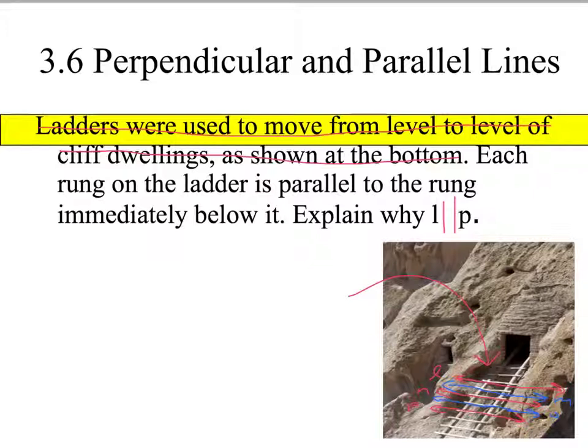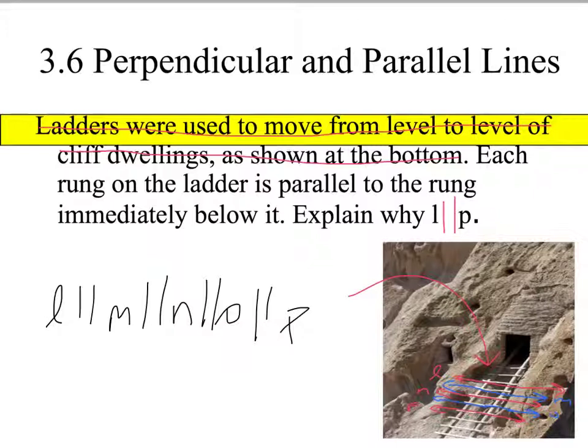Since each rung is parallel to the rung immediately below it, you can notice that line L is parallel to line M, which is then parallel to N. N is parallel to O. O is parallel to P. So, because all of these lines are parallel, we can use the transitive property and our theorem that we just learned, meaning that if two lines are parallel to the exact same line, then they are parallel to each other.